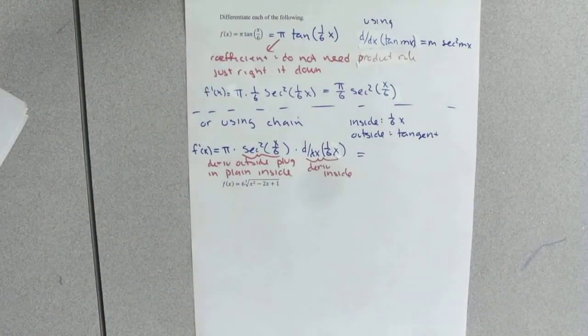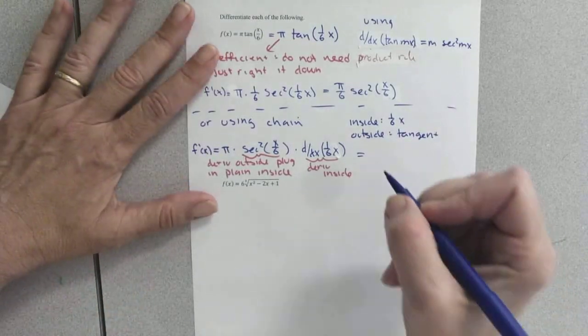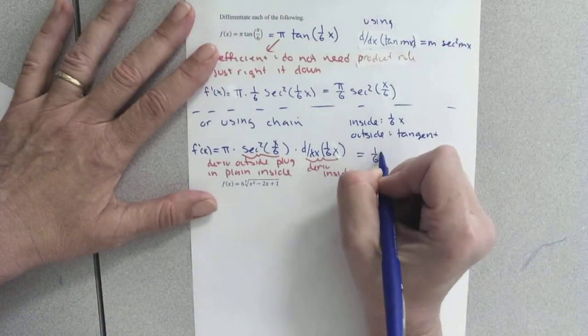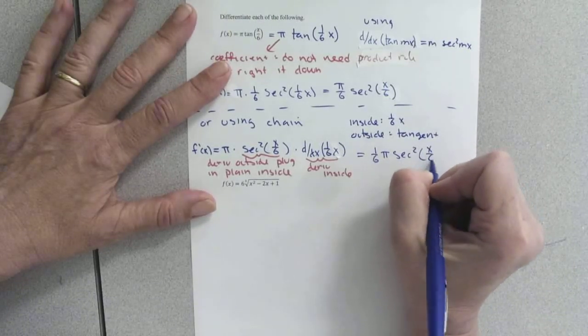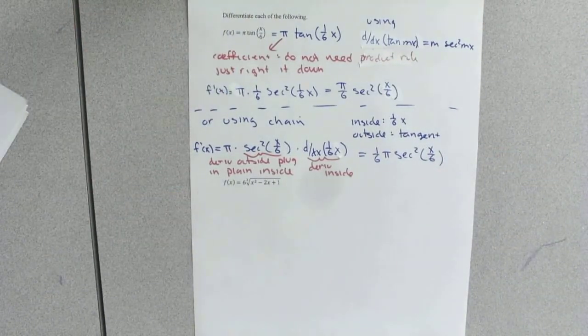Well, the derivative of 1/6 x is 1/6, and I'll just put that up front. So 1/6 pi secant squared x over 6. And there's the same answer.